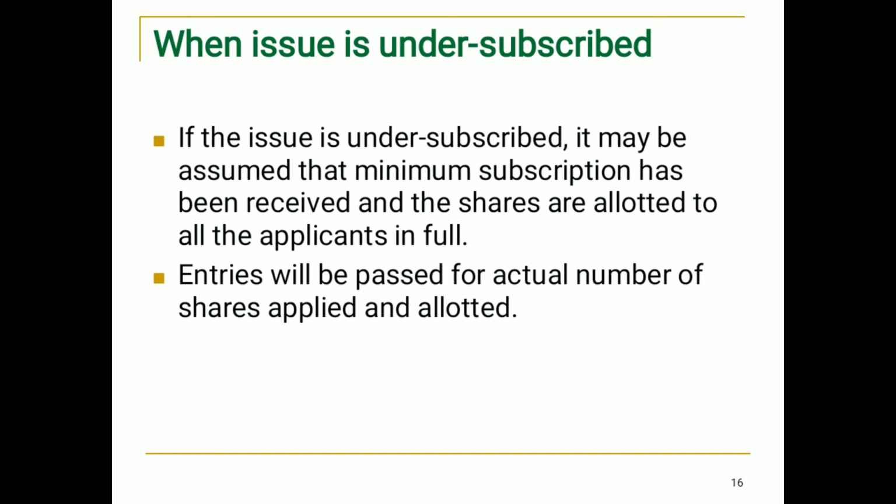The journal entries that you are going to write in this case will consider the number of shares applied and allotted, not the number of shares issued. Shares issued were 30,000, applications 25,000. So what are you going to consider? You are going to consider 25,000, not 30,000.